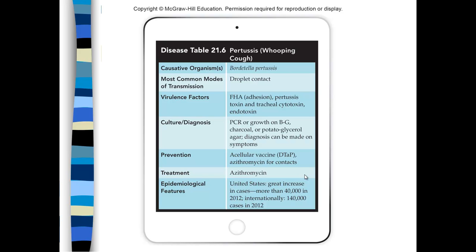Prevention is putatively allowed by acellular vaccines, but again, you have to take that with a grain of salt, because with the acellular pertussis vaccine, we're seeing an increase in pertussis cases. If you come into contact with somebody that has pertussis or whooping cough, then you can take azithromycin. If you get whooping cough, you can also take azithromycin. And the cases in the United States in 2012, this needs to be updated, were more than 40,000, so it's on the rise, and about 140,000 internationally.